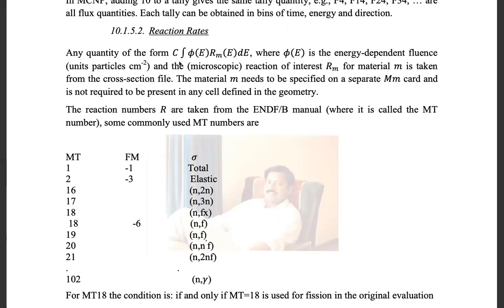The constant would be the number density. You could even multiply it by the number density and the volume. If you don't want it per cubic centimeter, if you want to know how much MeV is deposited in a fuel element, then you would multiply by the number density and by its volume also.